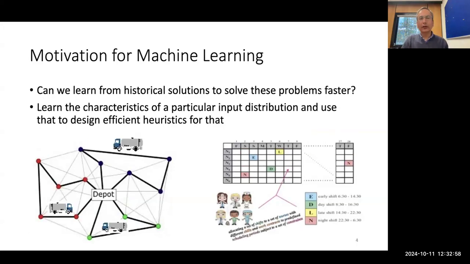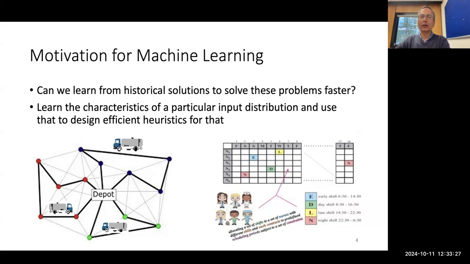Now, a natural question to ask in this context is, can we learn from historical solutions to solve these problems faster? Because the traditional optimization solvers don't really leverage anything from the historical solutions. What we would really like to do is to design efficient heuristics that can learn the characteristics of a particular input distribution and use that to solve the problems faster.